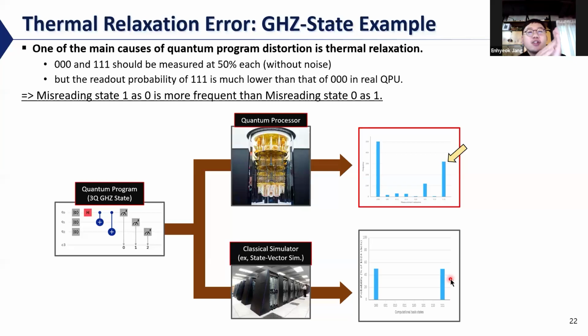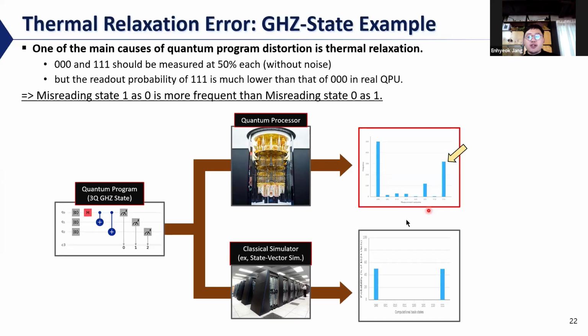This research is about error mitigation. We observed that the thermal relaxation error is really severe in real quantum processors. For example, this is a very easy benchmark, a 3-qubit GHZ state, and we expect the circuit results to be 50% 000 and 50% 111.